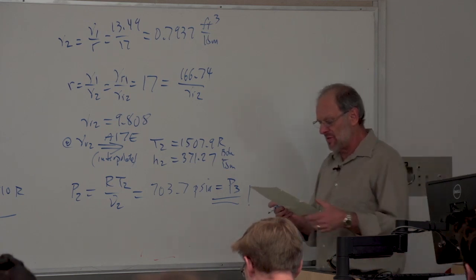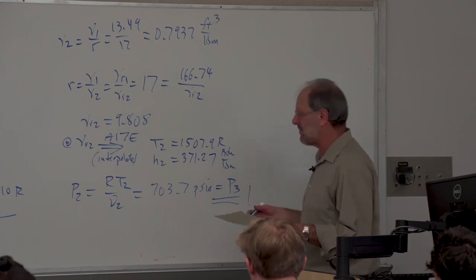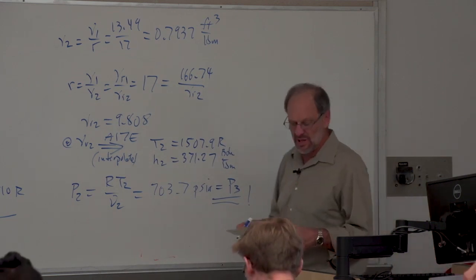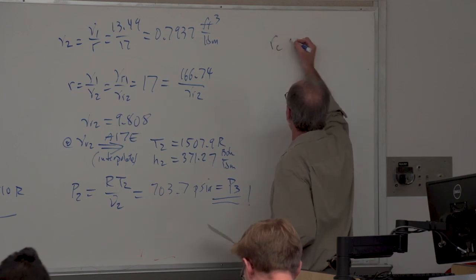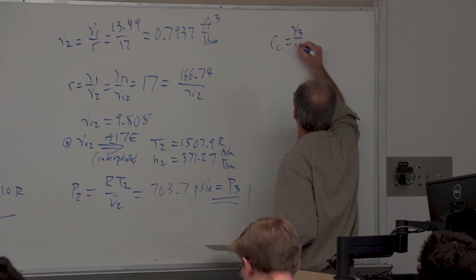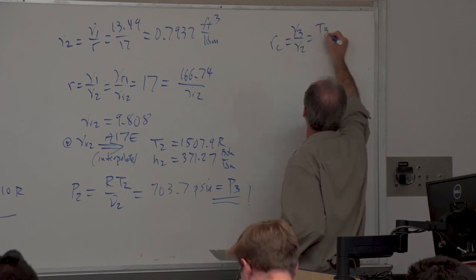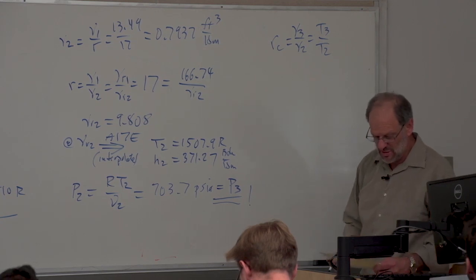Okay, so now we're done with that. And now let's go through the process from 2 to 3. For this process, we're going to have to use the cutoff ratio. So the cutoff ratio we know is defined as V3 over V2, but as was developed earlier, it's also equal to T3 over T2.